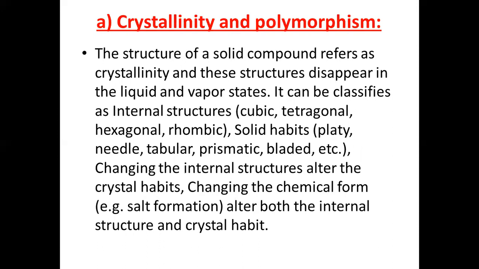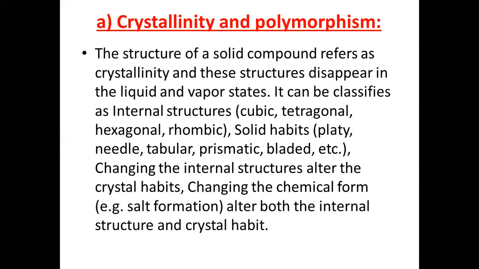You have studied the systems: cubic, tetragonal, rhombic, orthogonal, and what will be the overall habits and the structure of the solid compounds, referred to as the crystallinity, the crystal forms. These structures disappear when the drug molecule or any substance goes into the liquid or the vapor form. They are the properties of the solid forms, like crystal form structures.